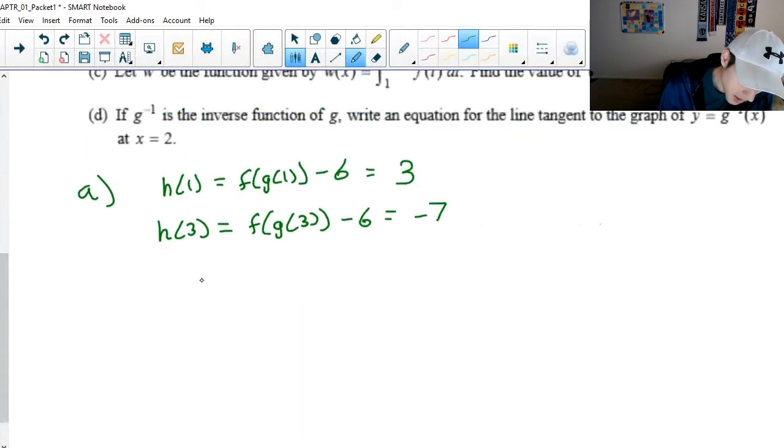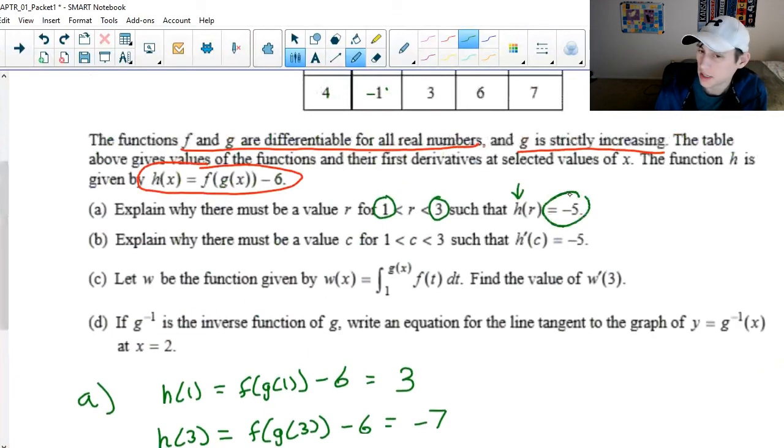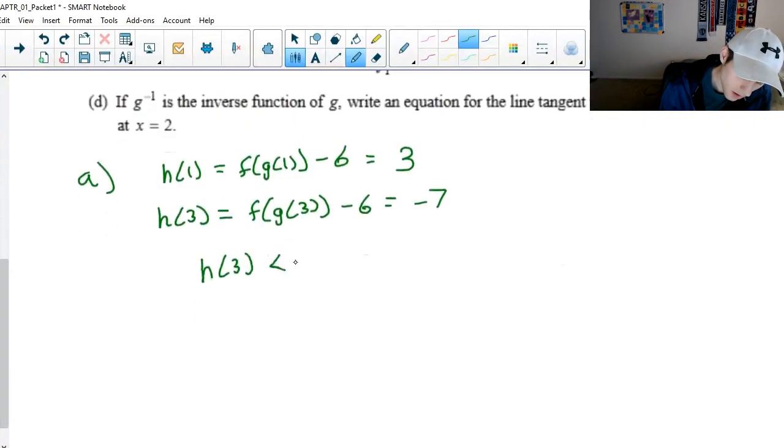Okay, so what's interesting is I can see that h of 3, now again, this question asks me about this value negative 5. So h of 3, which is negative 7, is definitely less than negative 5. And negative 5 is definitely less than 3, which is h of 1.